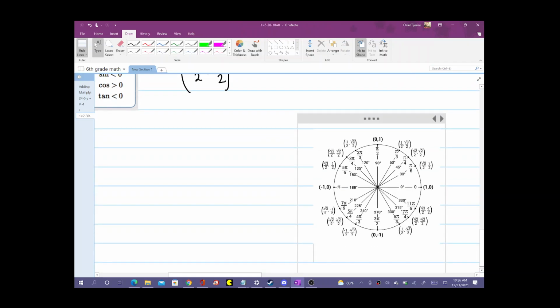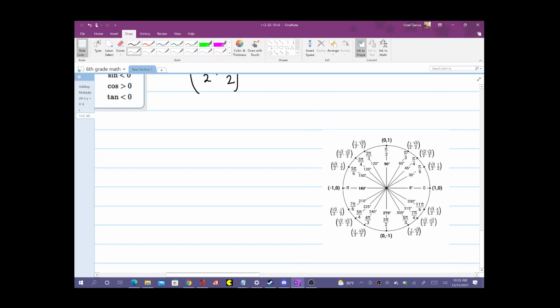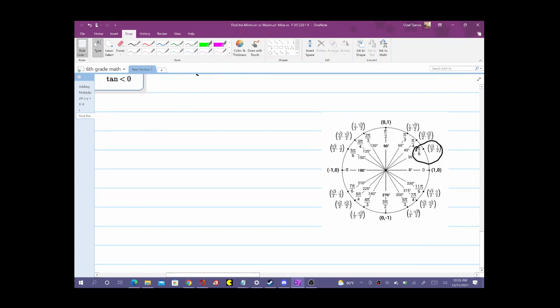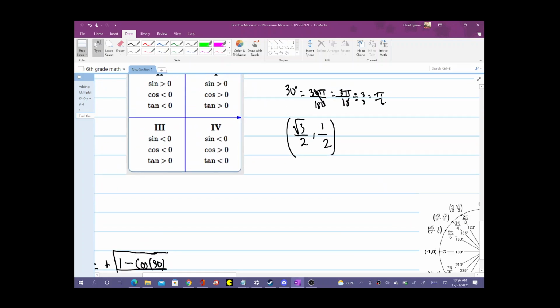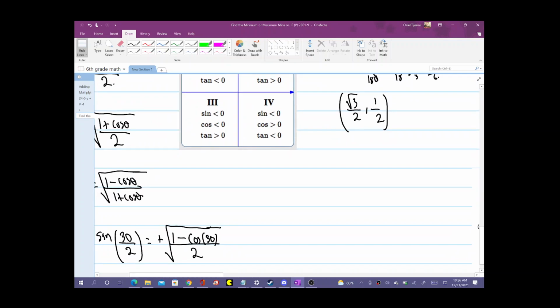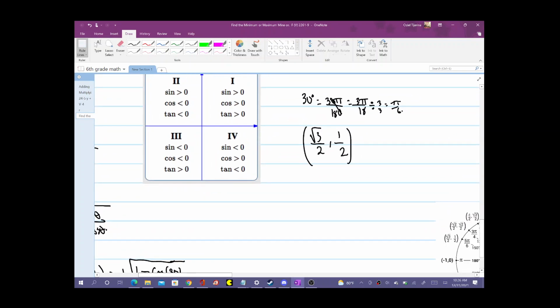So, this is a unit circle. You see at pi over 6, it's square root of 3 over 2 comma 1/2, right here. It's cosine comma sine. They're both in quadrant 1, so they're all positive. That's why it corresponds to that coordinate.